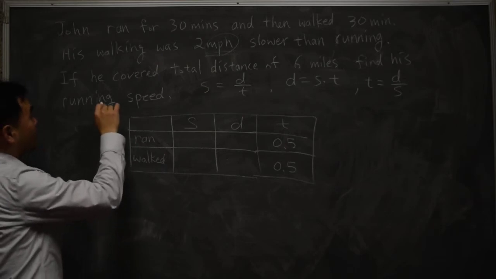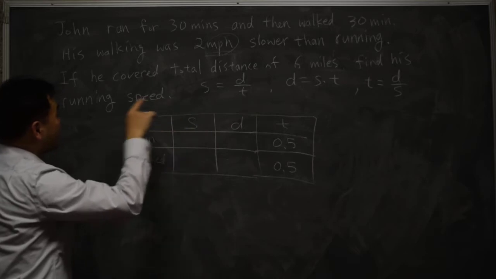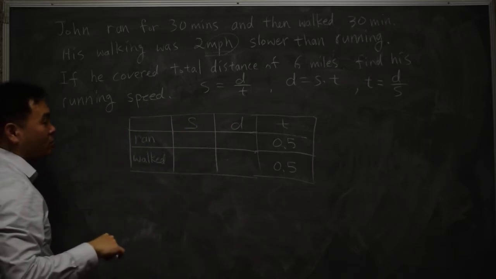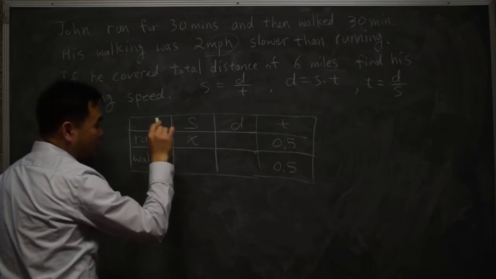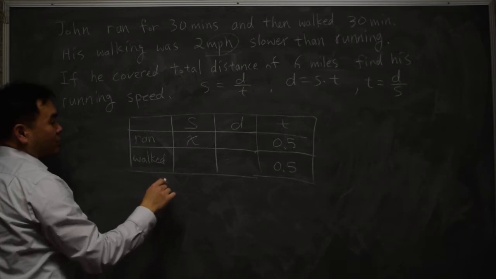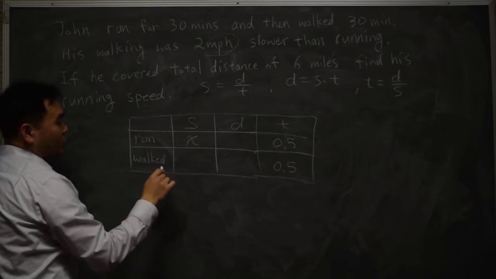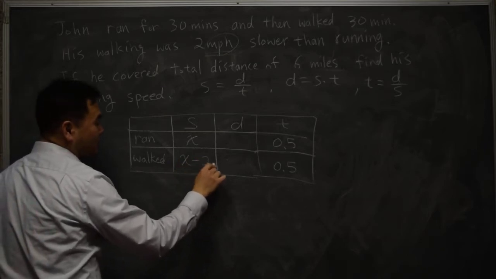And notice also that here the question says, find his running speed. So actually the x in this problem is the running speed. And walking, since it's 2 miles per hour less than x, you have to subtract.